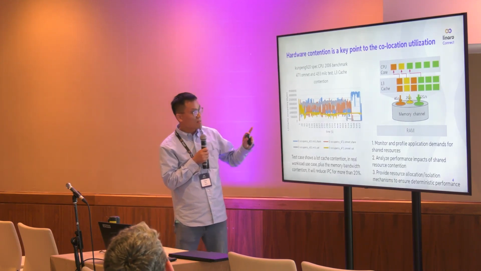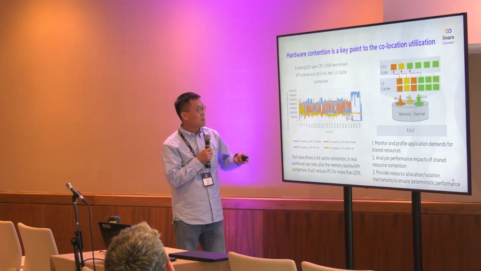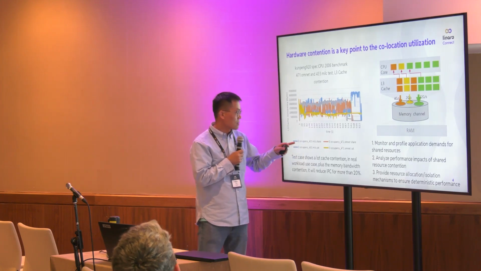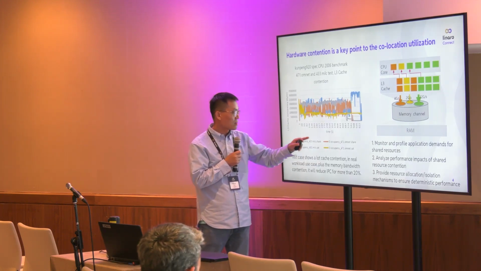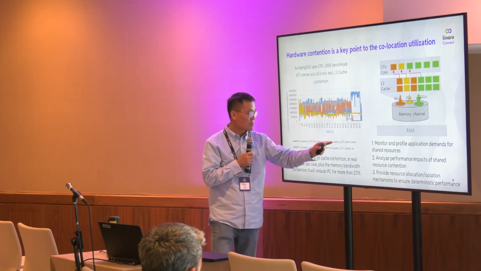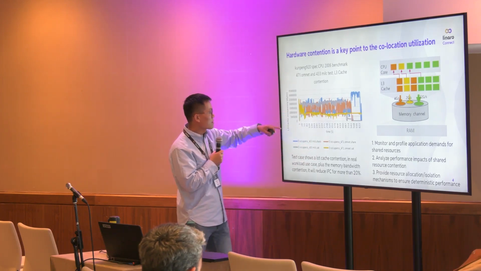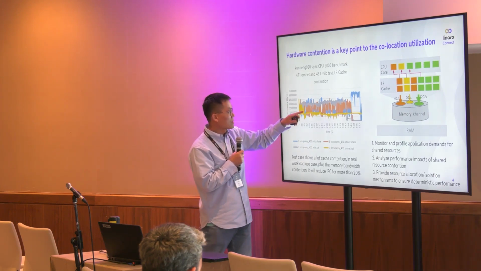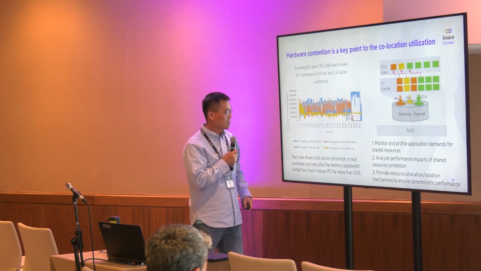We ran a test on the Kunpeng 920 server. The blue one is where we run MLC, and the orange one is the other workload. You can see that without isolation the cache contention is really high, and with isolation there is no contention.